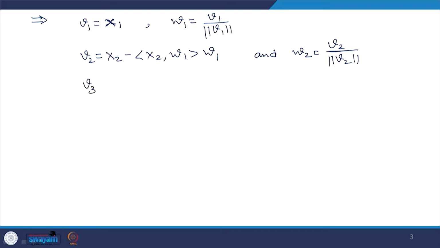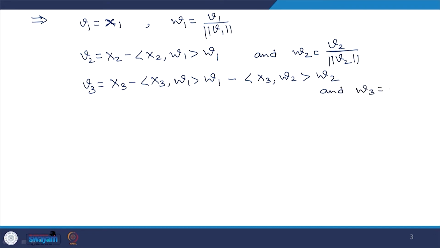Then V3 will become x3 minus inner product of x3 with W1 multiplied with W1, minus inner product of x3 with W2 multiplied with W2, and then W3 you define as V3 upon norm of V3.